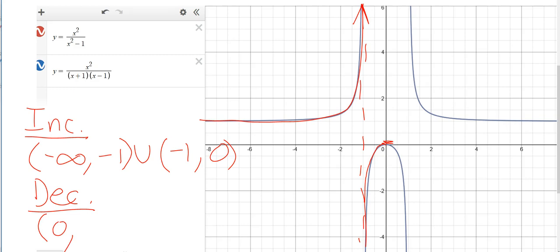Please do not say negative infinity. Oh, thank you. 0 to 1. Right? That section right there from 0 to 1. Yes, I know the y values are dropping off the face of the planet. But we're talking about x values for these intervals.